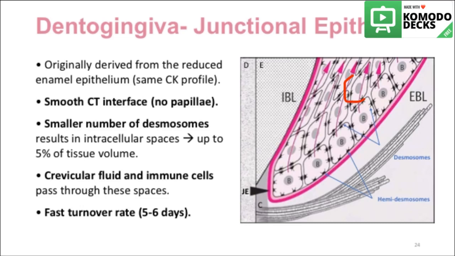We see here the external basal lamina and the internal basal lamina composed of lamina lucida and lamina densa, and the hemidesmosomes to attach the cells. This epithelium is characterized by the fastest turnover, less than 7 days.